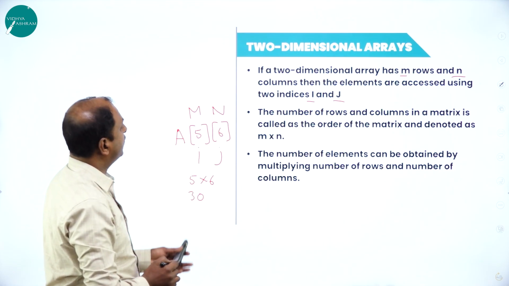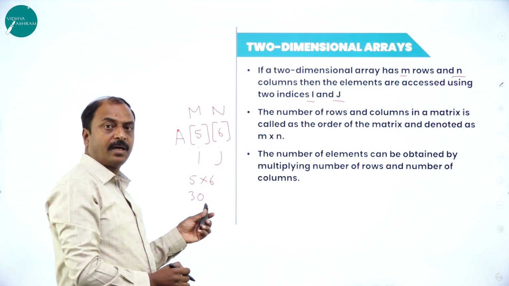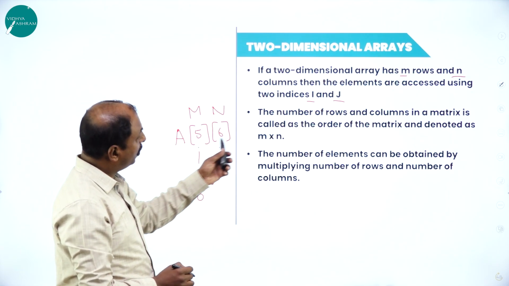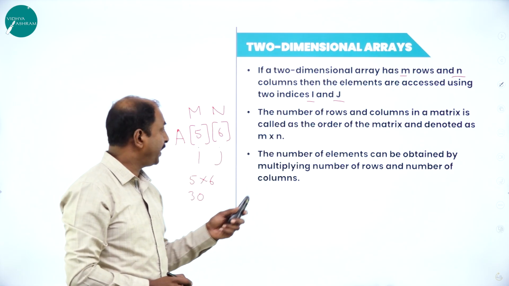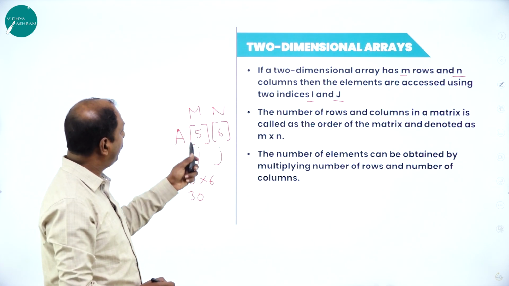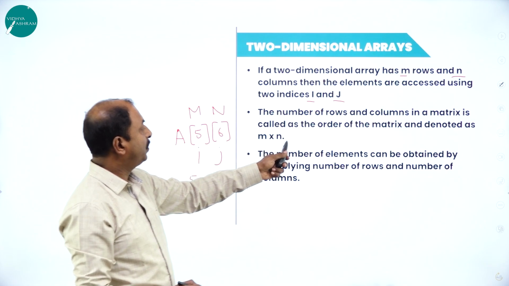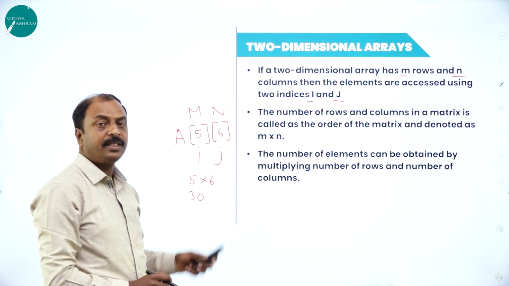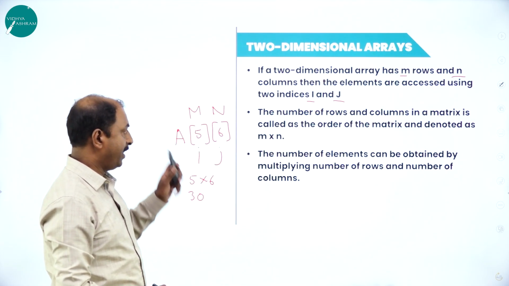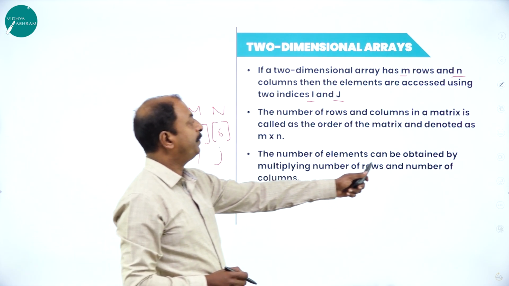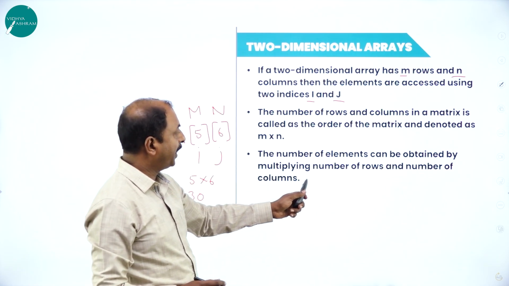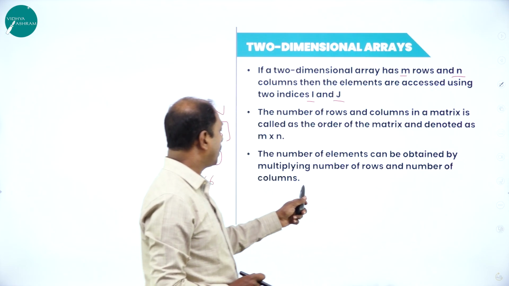So here the size of an array, or we can say the order of the two-dimensional array in this example is m into n, that is 5 into 6, that is equal to 30. 5 into 6 is the order of the matrix A. The number of elements can be obtained by multiplying number of rows and number of columns.